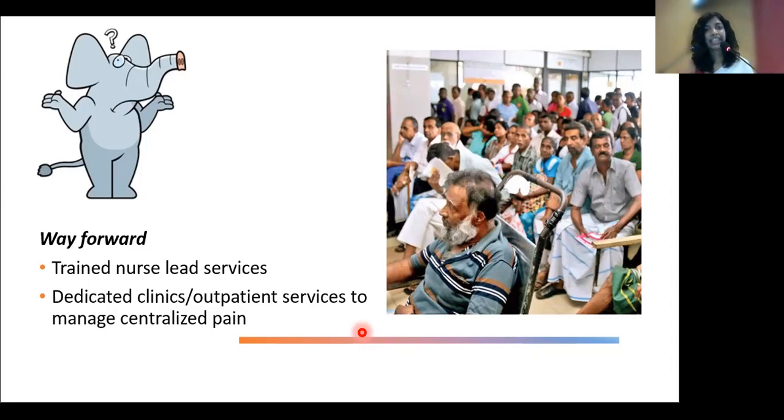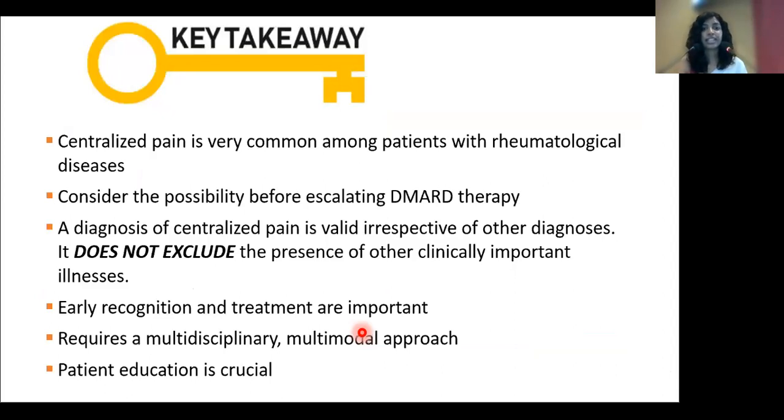So in summary, centralized pain is actually very common among patients with rheumatological diseases. And before we consider escalating DMARD therapy, we need to consider the possibility of centralized pain and recognize it. And a diagnosis of centralized pain is valid if you make it properly.